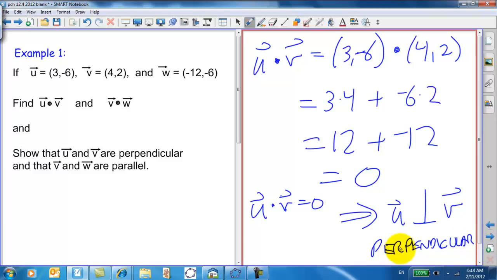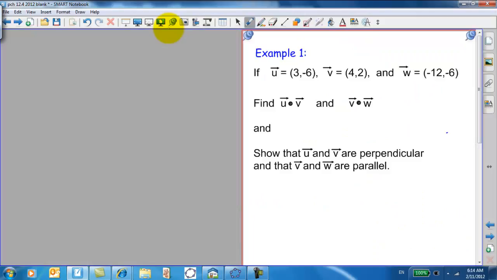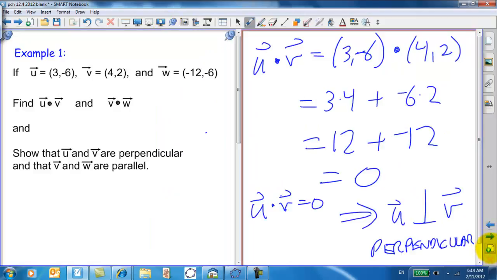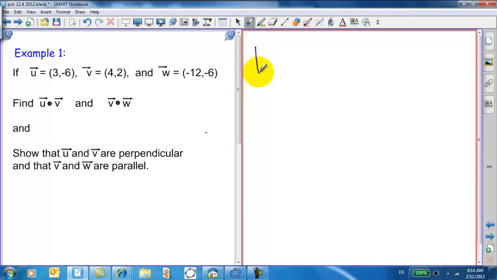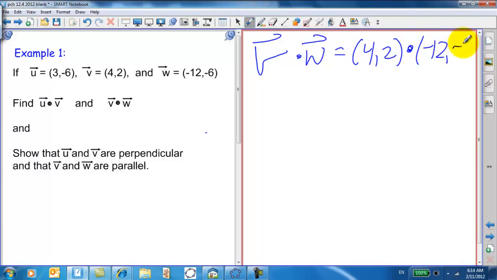Now, let's see what happens with v dot w. V dot w is equal to 4, 2, dotted with negative 12, negative 6. So that ends up being 4 times negative 12 plus 2 times negative 6.